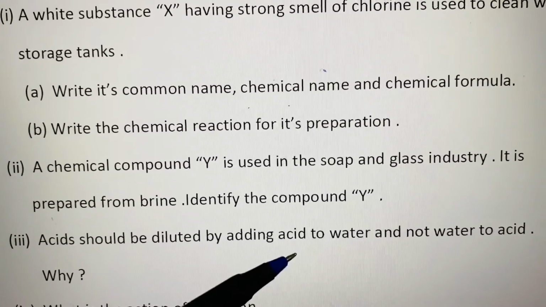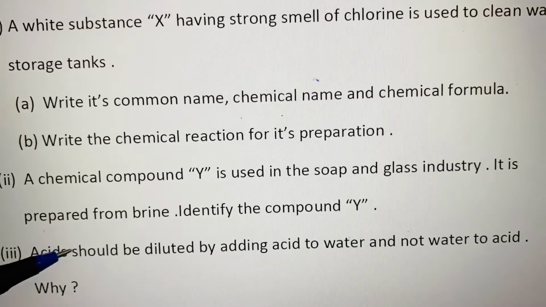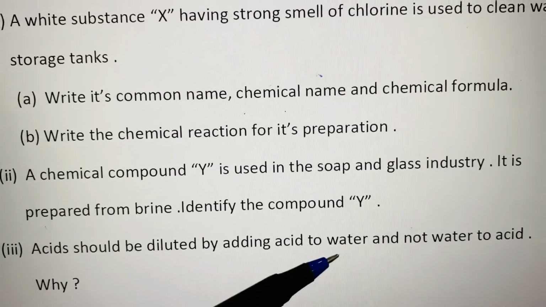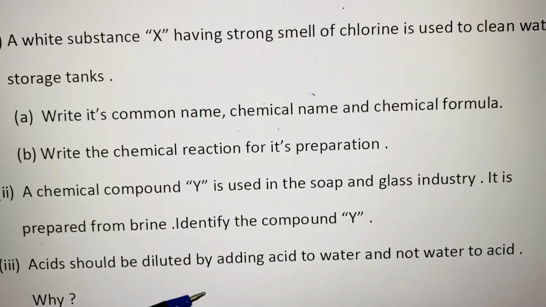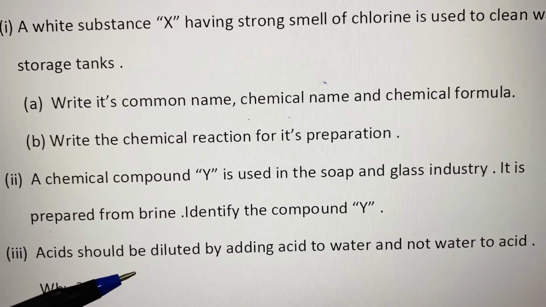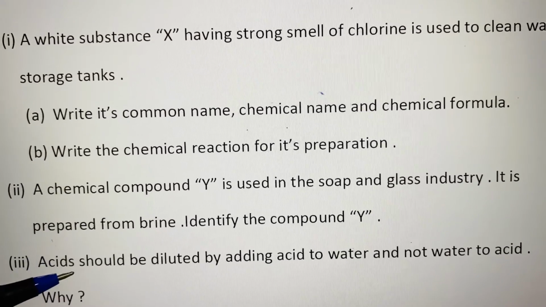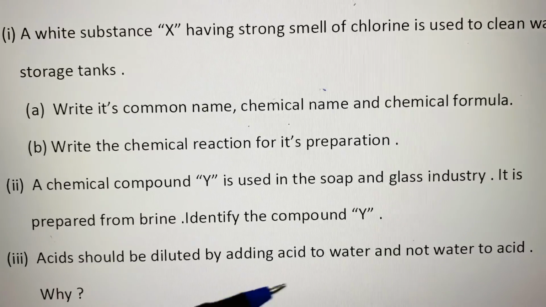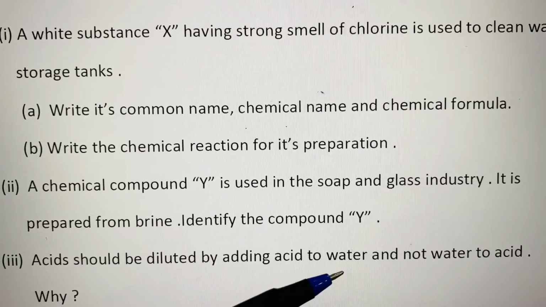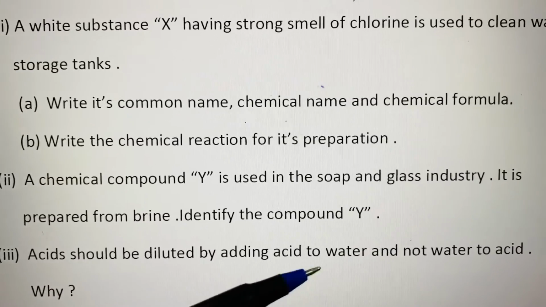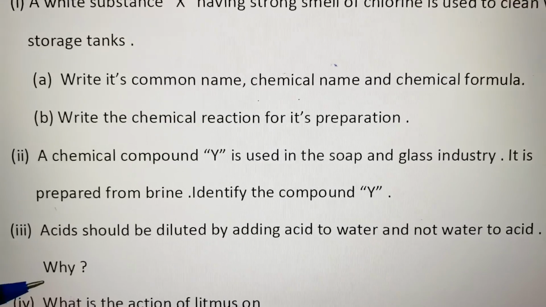So what should be done? We should add acid to the water for diluting an acid. That means if we have to dilute the acid, we should add acid drop by drop to a beaker containing water. So that reason should be well explained.